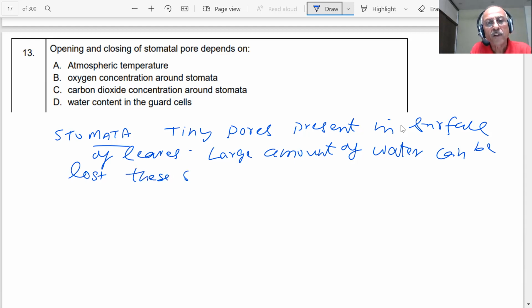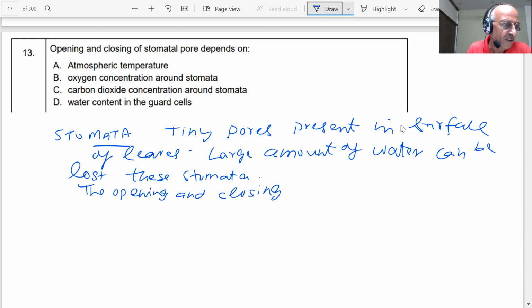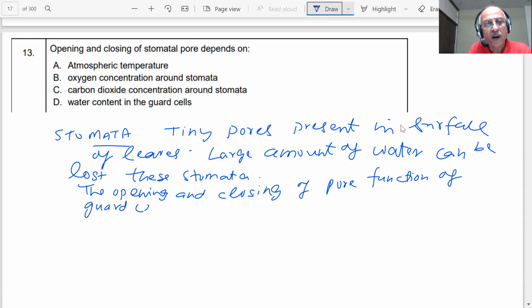But how? The opening and closing of the pore is a function of guard cells. You have seen there are guard cells, student. What happens during this?